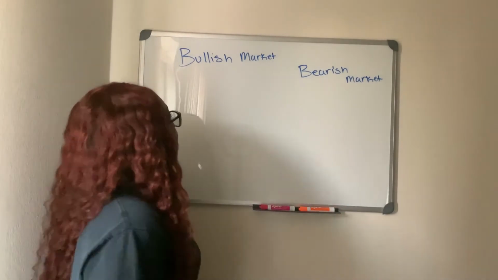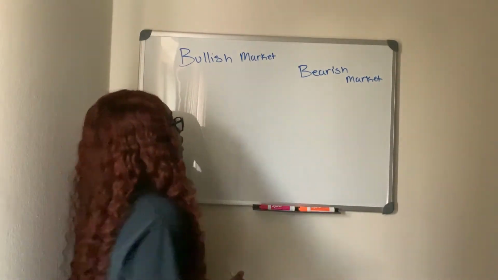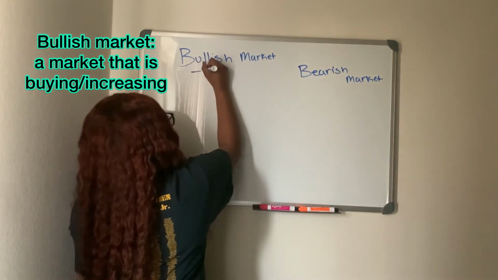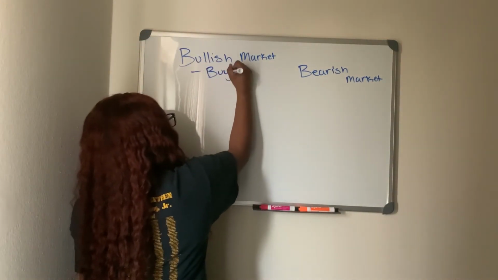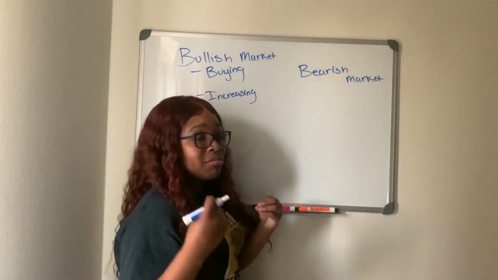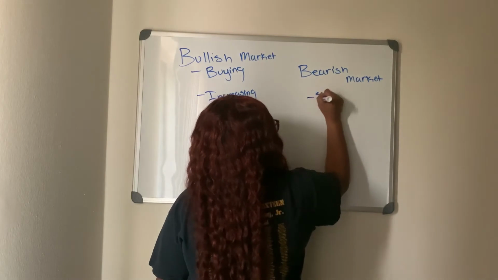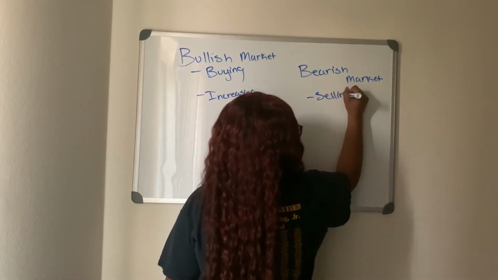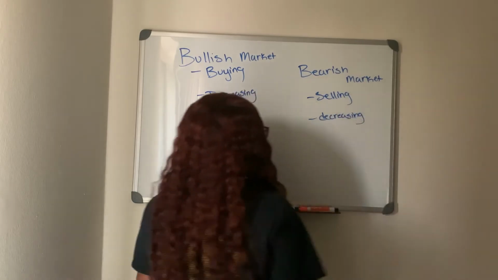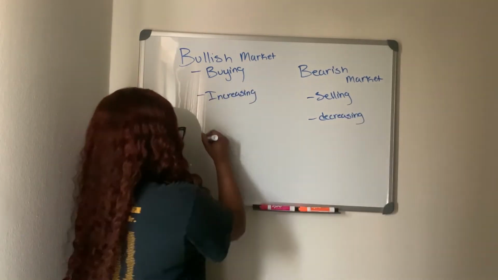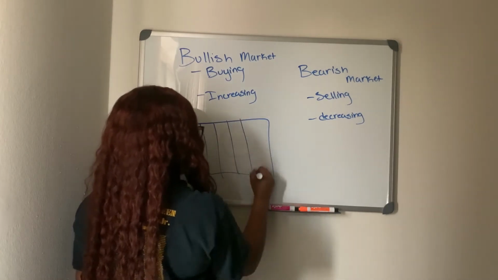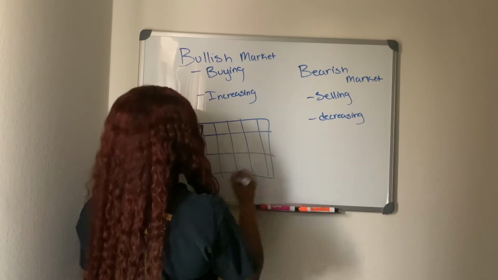Right? We have a bullish market and a bearish market. Now, a bullish market is a market that is buying, right? Or it's the bearish market. A bearish market represents a market that is selling or decreasing. So if you hear, oh, it's a bullish market, here's a chart, right? We got our little chart. This is the graph, right?